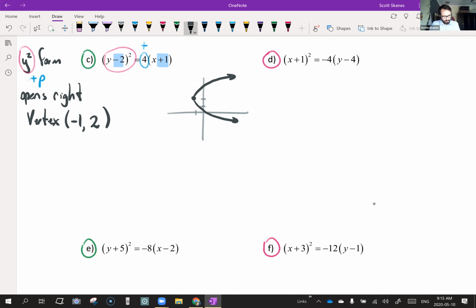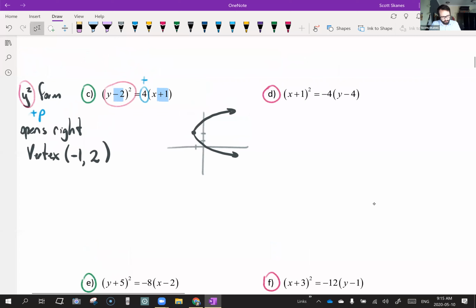So first of all, maybe if you remember earlier, I'll just rewrite it here. Our form is y minus k squared equals 4p times x minus h. Oops, I got my h and k backwards. So what you'll notice here is that 4p is what's in front of the x term here, and we have a 4 here.